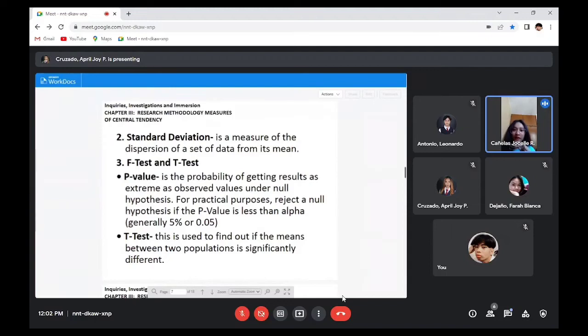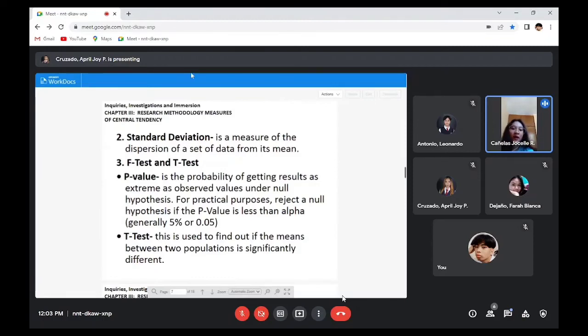For practical purposes, reject a null hypothesis if the p-value is less than alpha, generally 5% or 0.05. When we say p-value, it is a statistical measurement used to validate a hypothesis and see if it is correct. The p-value also measures the probability of getting the observed results, assuming the null hypothesis is true. The lower the p-value, the greater the statistical significance of the observed difference.